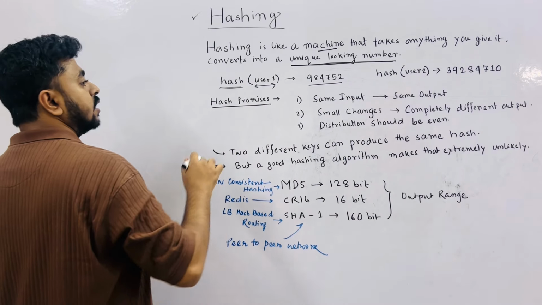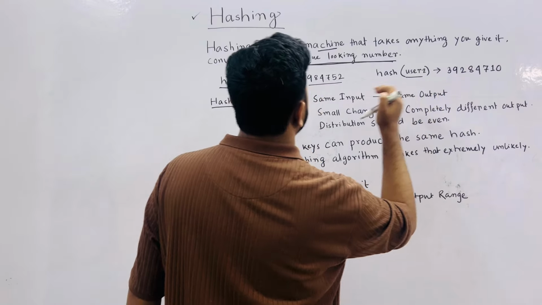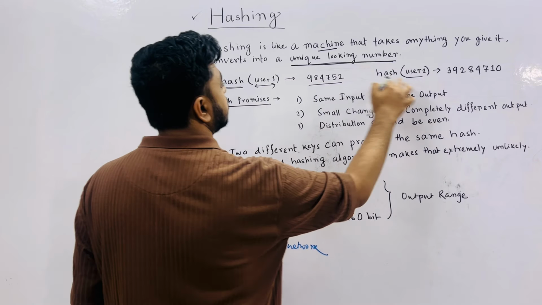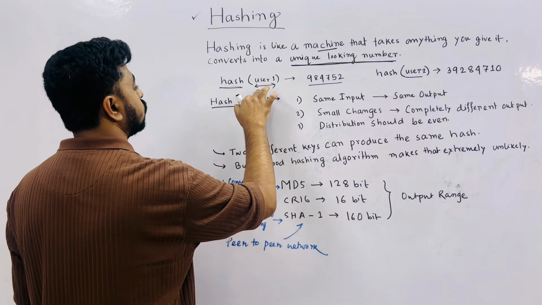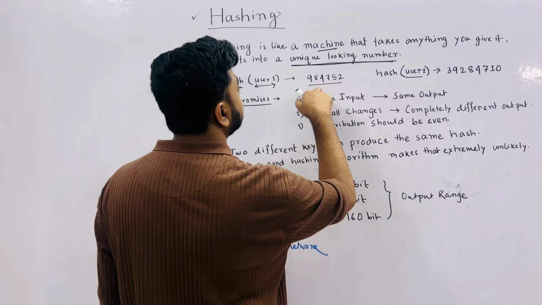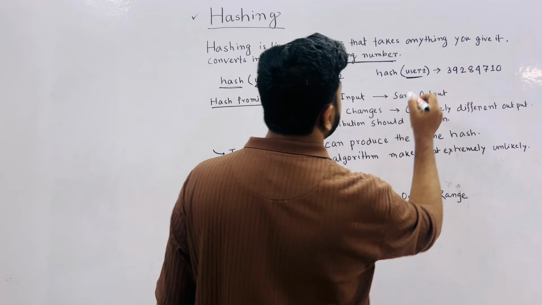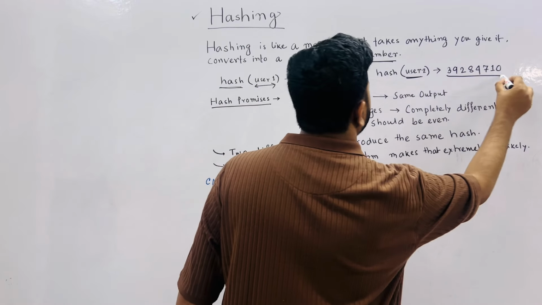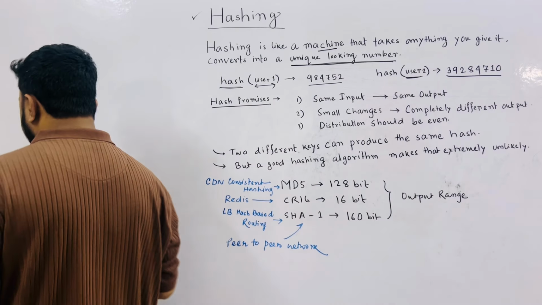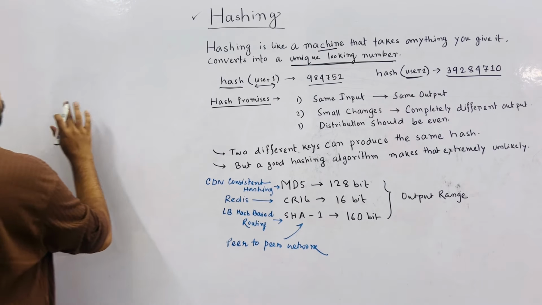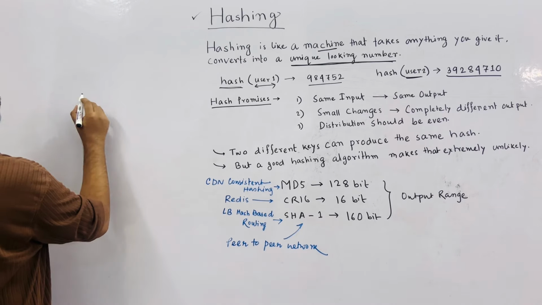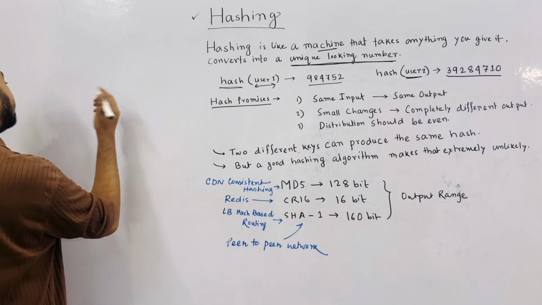Same if you put in any other input. I'm considering the object as a user, right? Suppose you have given user 1 here, it generates a number 3984752, and you give another user here, it generates a different number. So what exactly is hashing?